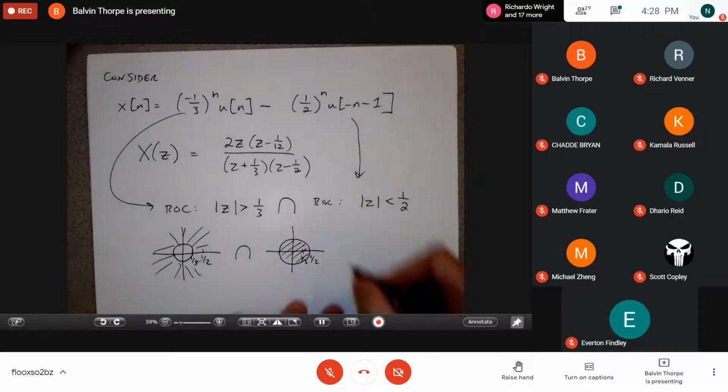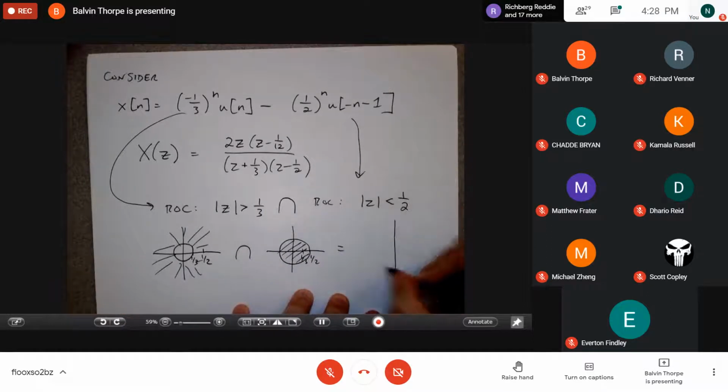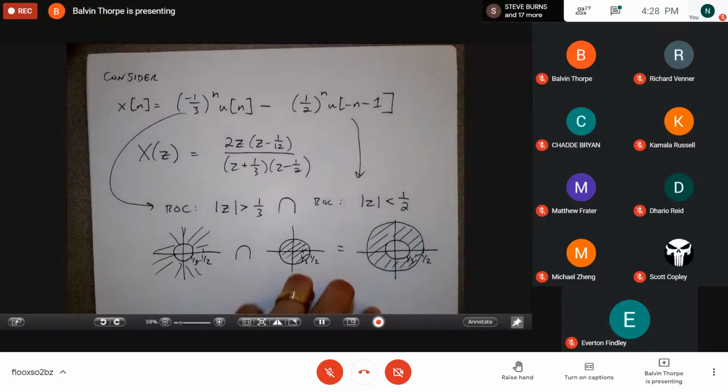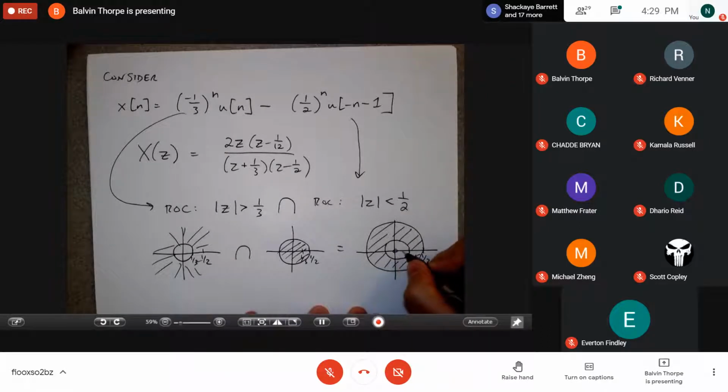And so if I look at the intersection between those two guys, then I get this kind of a ring, where I have a third and a half, and the intersection of those two things is all the stuff that's inside this ring shape, okay? And so again, even though I have very much the same pole zero diagram, here, I get a very different ROC, right?